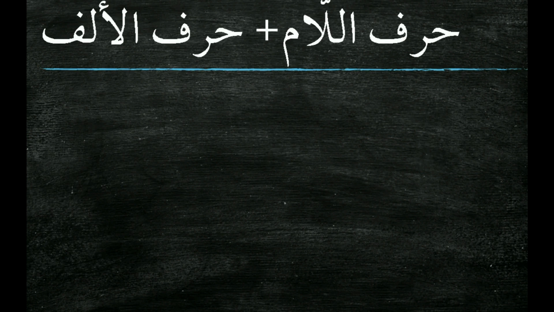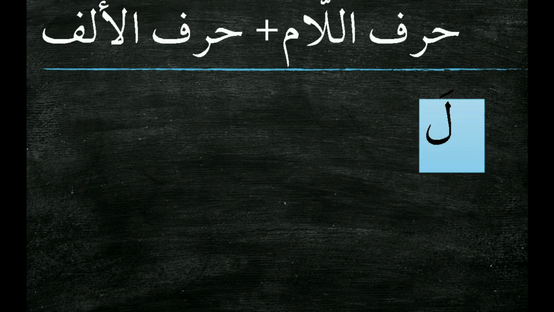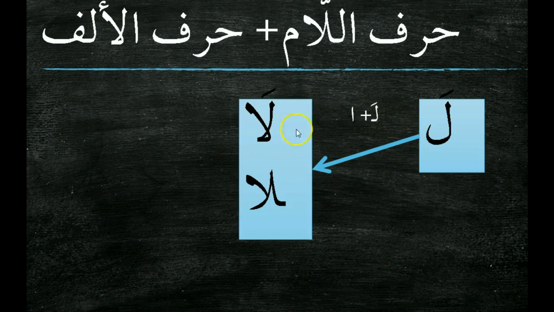Lam does not have an elevation at the deepest part of the tongue. This is how it looks when it's alone or connected only from the right side. This is how it looks before an alif only. Okay? La. It has two shapes, two forms.